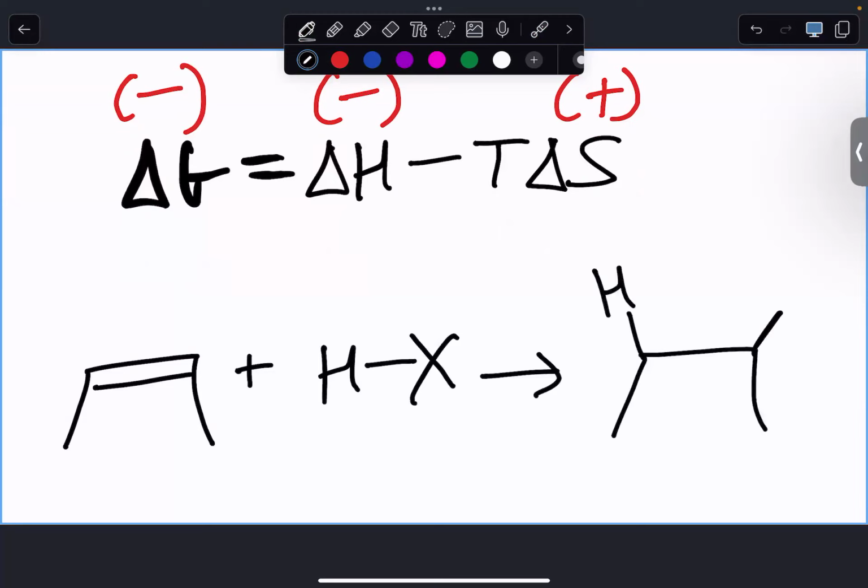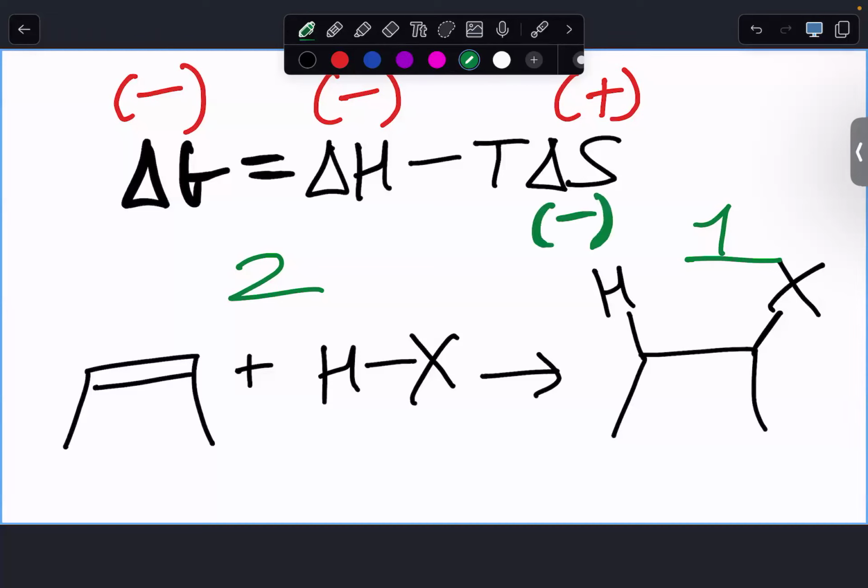That's going to give a hydrohalogenated alkene, where in the starting reactant we have two molecules, in the product we end up with one molecule. But we are also breaking this double bond right here. And whenever we break double bonds, we release energy.